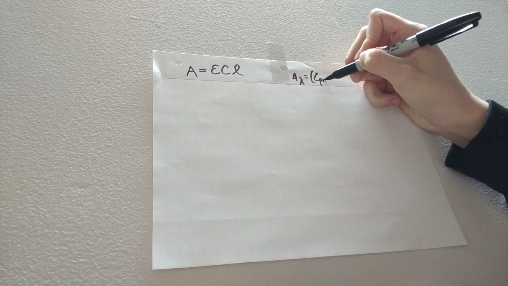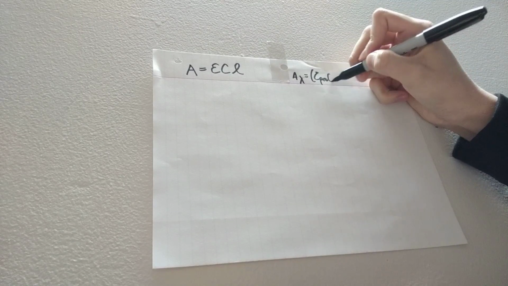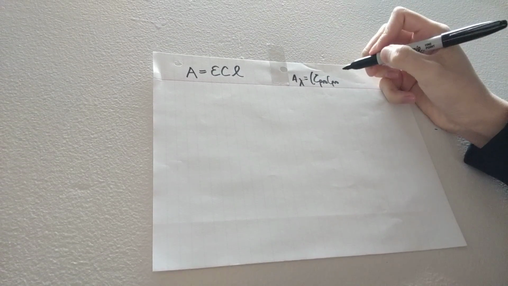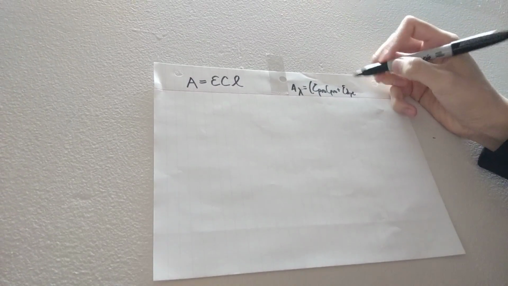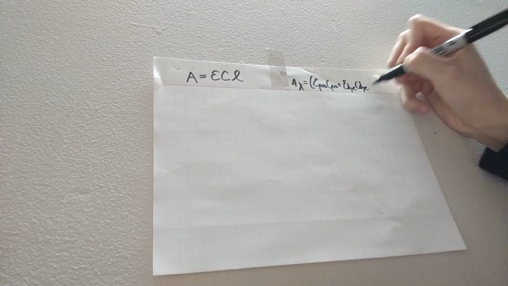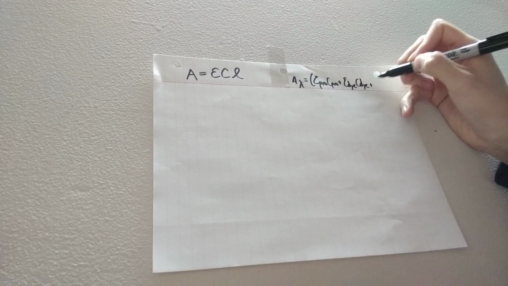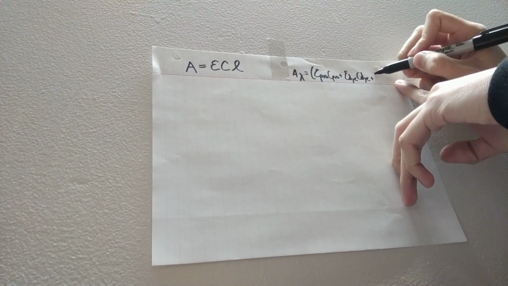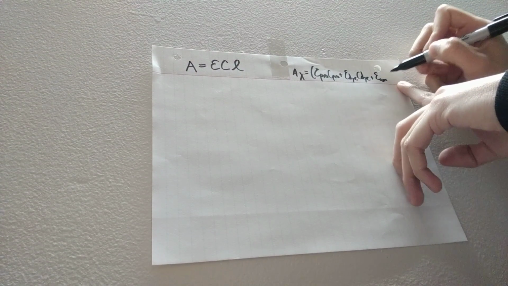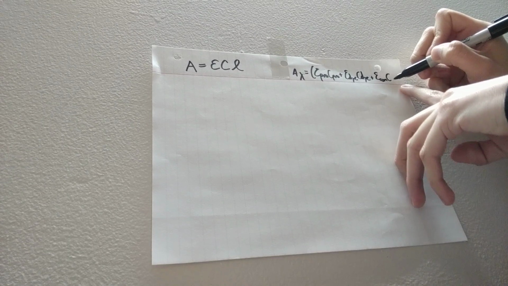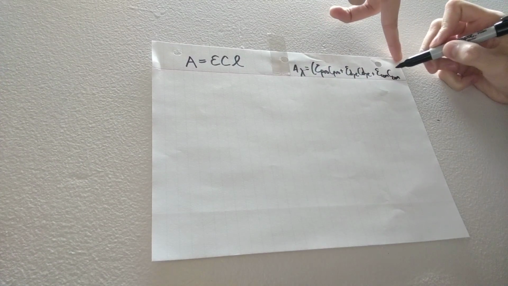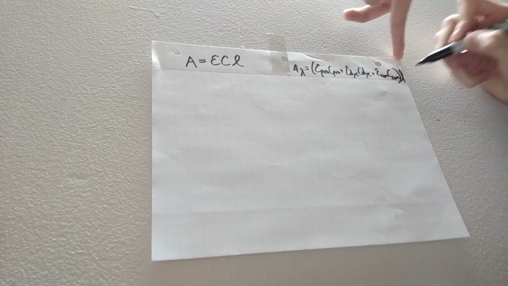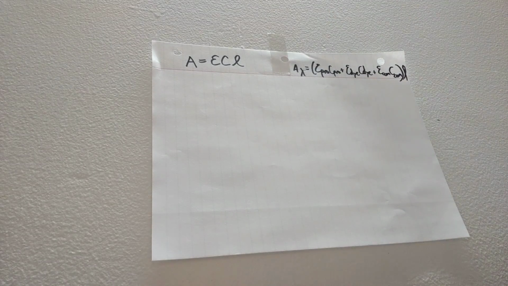The extinction of the protein, concentration of the protein, plus the extinction of the dye, the concentration of the dye, plus the extinction of the complex times the concentration of the complex, and the whole thing is being multiplied by the length of the cell.